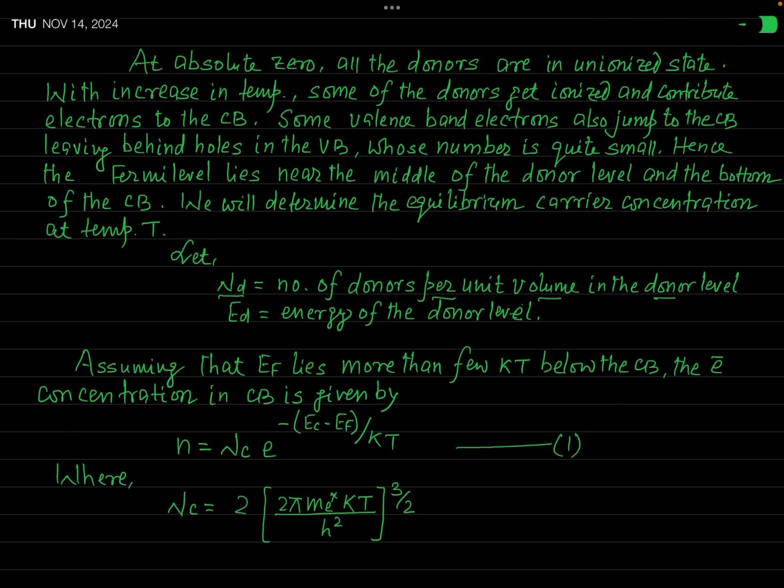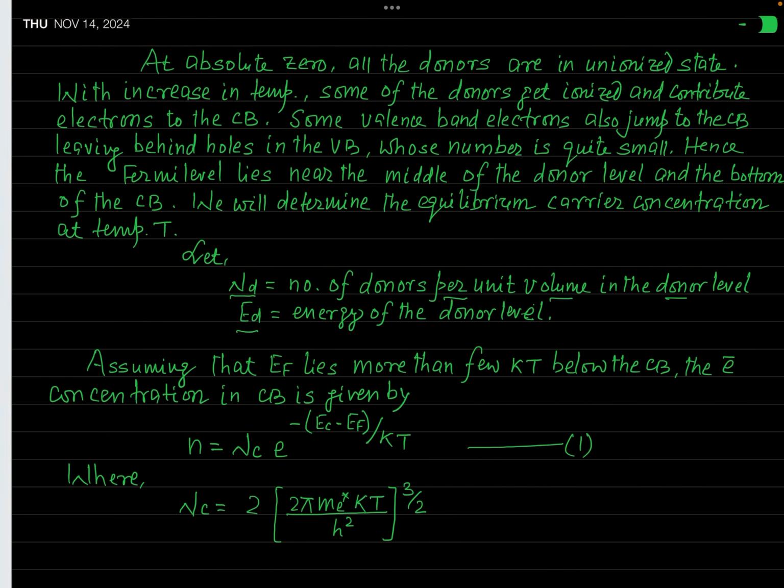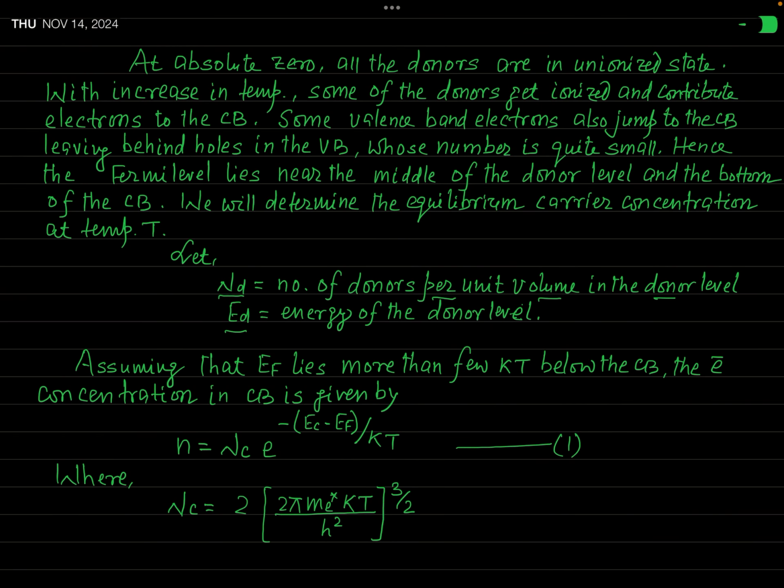Number of atoms per unit volume means concentration. And ED we have assumed to be the energy of the donor level, as you can see in this energy level diagram.